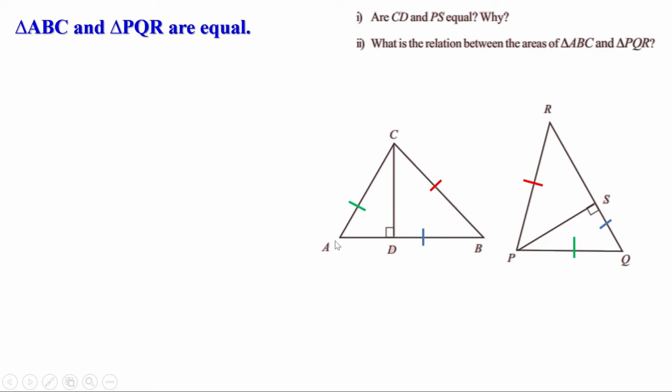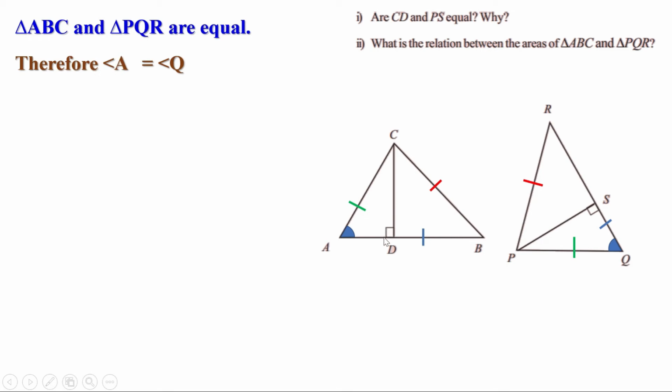We have seen that triangle ABC and triangle PQR are equal. Therefore, the angles opposite to equal sides are equal. Here BC and PR are equal. The angles opposite to them are angle A and angle Q. Therefore, angle A and angle Q are equal.